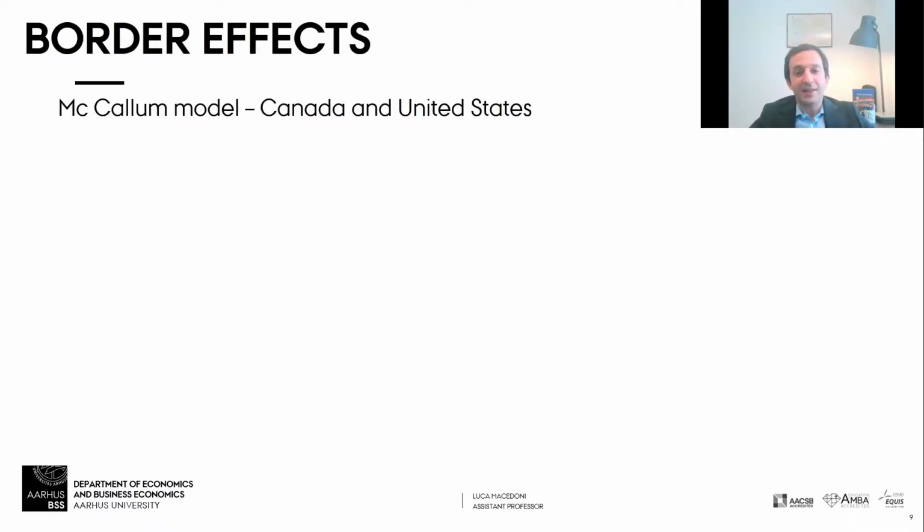The analysis of border effects originates from a very famous paper by an economist called McCallum, who was one of the first to look at some very interesting data for the US and Canada and found something quite shocking. So what did McCallum do?